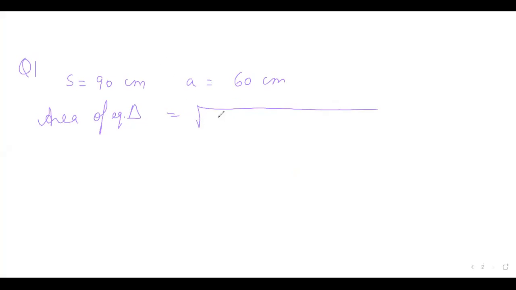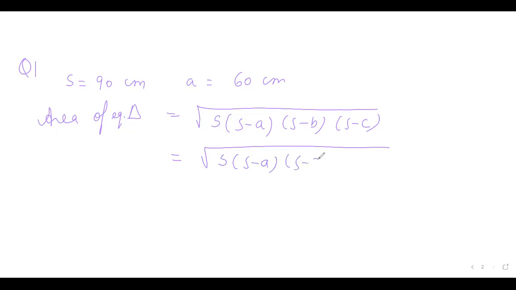Okay, so Heron's formula is root of s, s minus a, s minus b, s minus c. See here, a, b, c will be the same. So in place of b, I can write s minus a, s minus a, because all sides are equal in an equilateral triangle. Now substitute the values. So it is 90 into 90 minus 60. So 90 minus 60 is 30, then again 30, then again 30. So it is a square root.